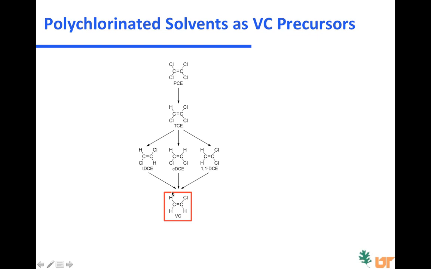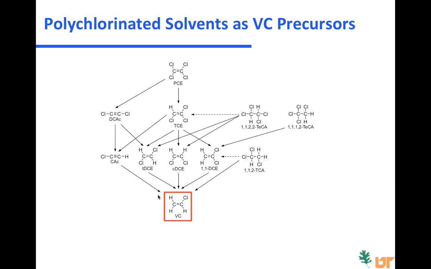Another possible source for vinyl chloride is the degradation of PCE and TCE to dichloroacetylene and chloroacetylene. These are abiotic degradation pathways, for example, catalyzed by zero-valent iron. And you get down to chloroacetylene, which can also be a source of vinyl chloride.